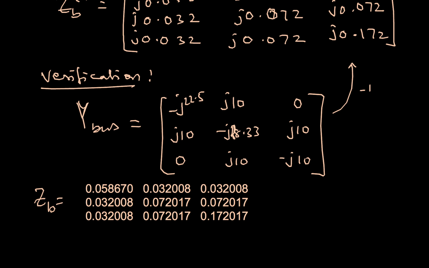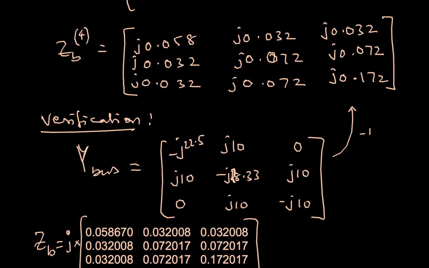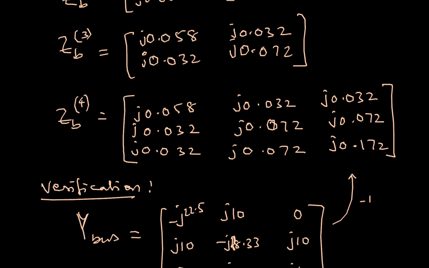So Z bus is nothing but J into this. So I think the answer is exactly matching 0.58, 0.32, 0.32. Okay, so this is such a relief that what we have done is correct. So this is the bus impedance matrix of the system.